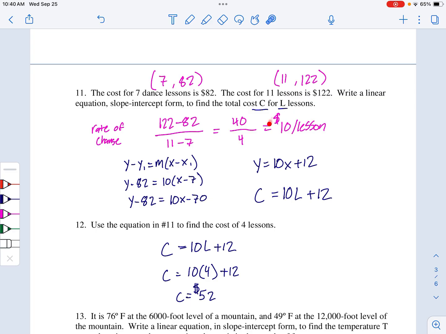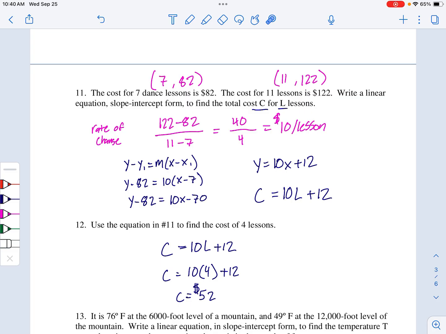That was our slope, or our rate of change. And then in this problem, I chose to put this into point slope form to help us figure out what our y-intercept was, which is 12, meaning the upfront cost probably for booking the teacher or taking the class is $12 upfront. So that's how we'll wrap this up with that one.